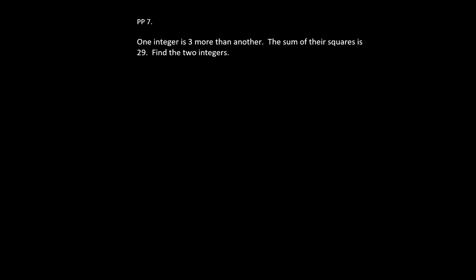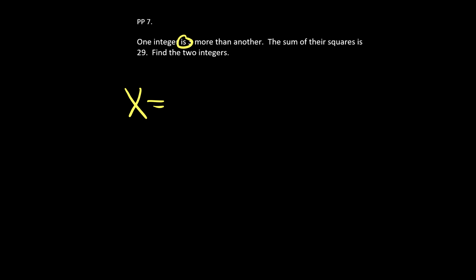Okay. So we read the problem, reread it until we understand what's happening. And now I'm looking for an equation or maybe 2. And it's broken up by sentences. All right, an equation could be in a sentence. And there's like 2 sentences here. So I've got one integer is 3 more than another. All right, so if I've got one integer, I'm going to call it x. Is means equal sign.